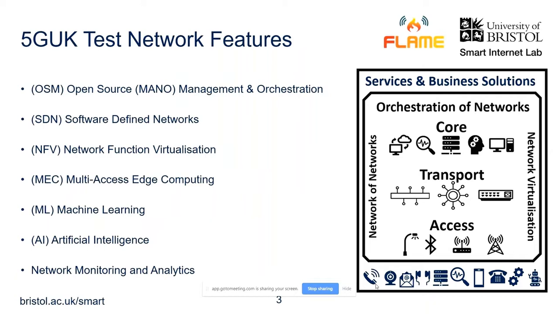The technologies we work in are mainly OSM and software-defined networks, which is heavily used in the Flame platform, as well as NFV and multi-access edge computing. These 3 concepts are used in Flame, which was previously discussed. In addition, there are several projects running here on machine learning and artificial intelligence. And most recently, we are quite active in developing tools for network monitoring and analytics.